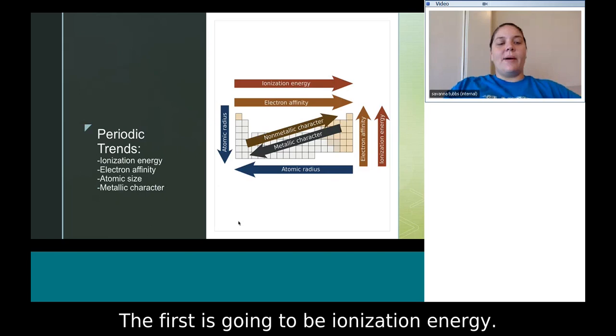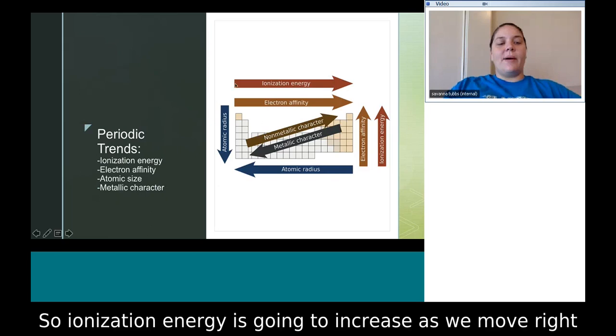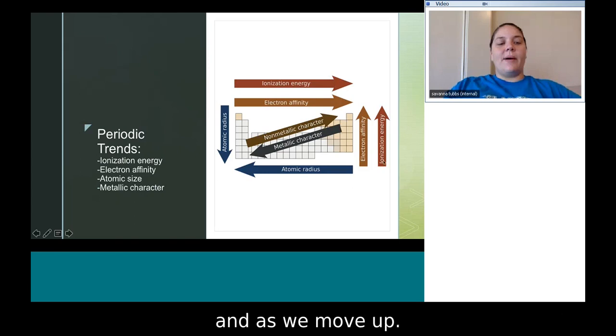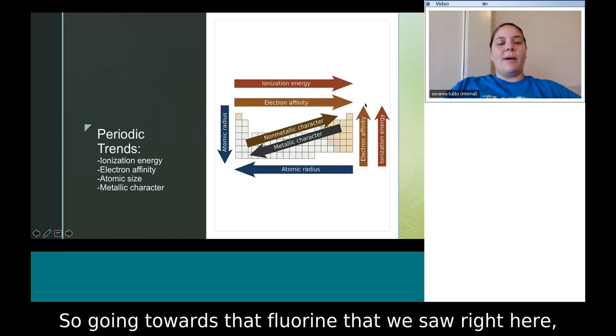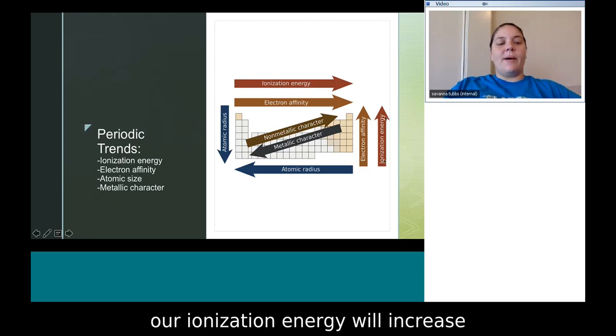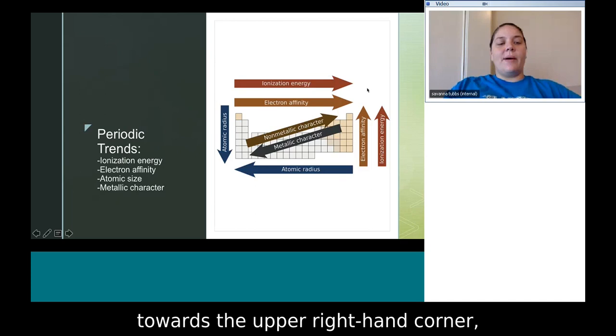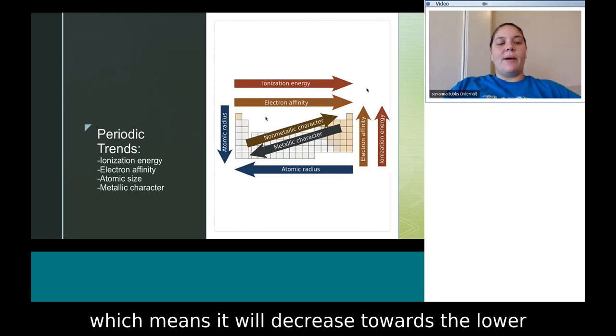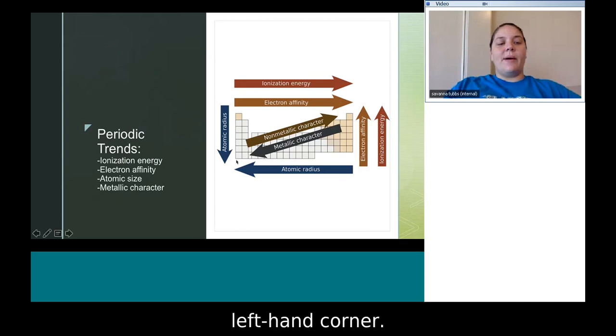The first is going to be ionization energy. So ionization energy is going to increase as we move right and as we move up. So going towards that fluorine that we saw right here, our ionization energy will increase towards the upper right-hand corner, which means it will decrease towards the lower left-hand corner.